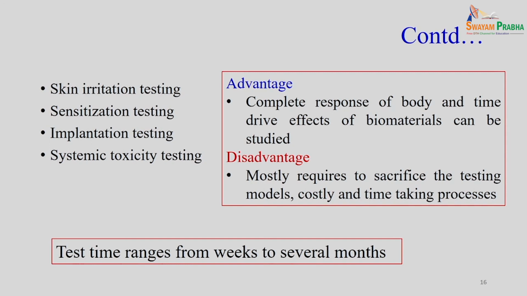The advantage of in vivo assessment is that we get the complete response of the body and effect with time, which is desired for its actual application, but its demerit is that after the testing we have to sacrifice that particular animal model.